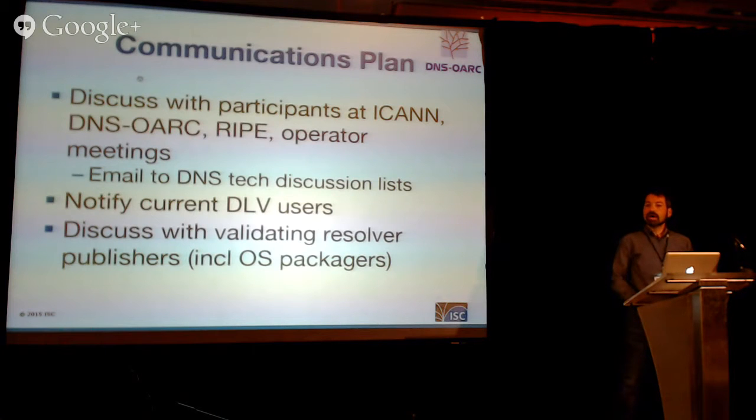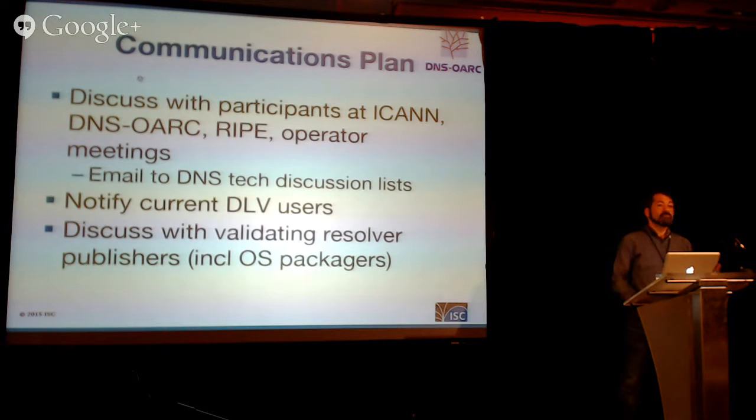We're out talking to folks now, trying to let people know. We've talked at ICANN. I'm talking here. I'll have a more basic presentation for RIPE, and also we're talking to other operator meetings. We're trying to get an idea of what people think of this, if they think this is a terrible idea or if this is a great idea.